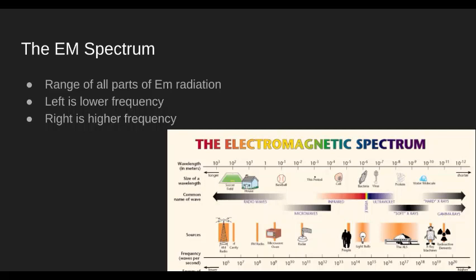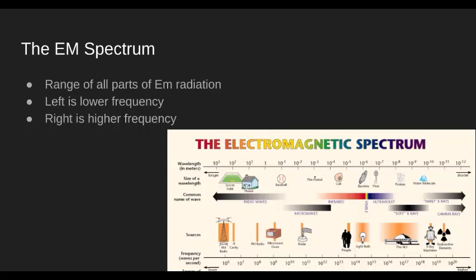And now I'm going to introduce you to the EM spectrum, otherwise known as the electromagnetic spectrum. Now, the electromagnetic spectrum is a range of all parts of EM radiation, which is electromagnetic radiation. Now, you can read it from left to right or right to left.